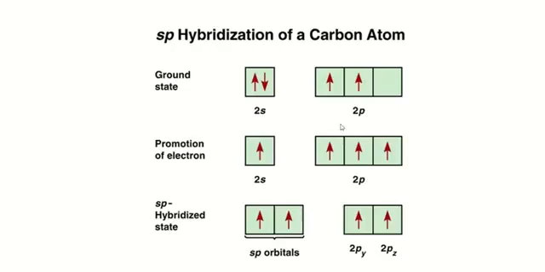So here we can see the electron from 2s jumps to 2pz according to Hund's rule, and in the last stage, the 2s and 2p electrons are involved in the bonding, and as a result we will find two sp orbitals, while 2py and 2pz orbitals will make pi bonds.